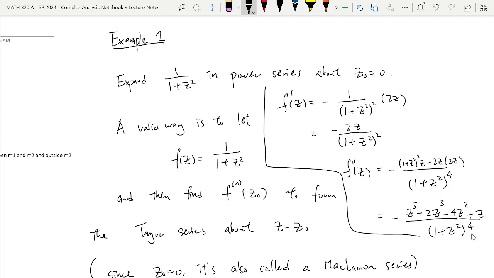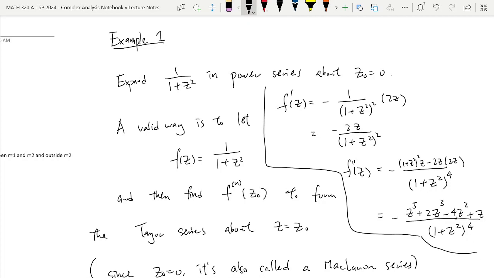Okay? So the original standard way back in calculus to expand 1 over 1 plus z squared, where you usually use x rather than z, about the origin, which we call a Maclaurin series, is to keep differentiating and then plug in the point that you are expanding about. And there's a lot of waste of energy.